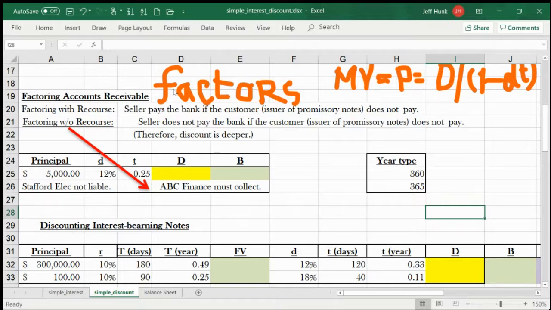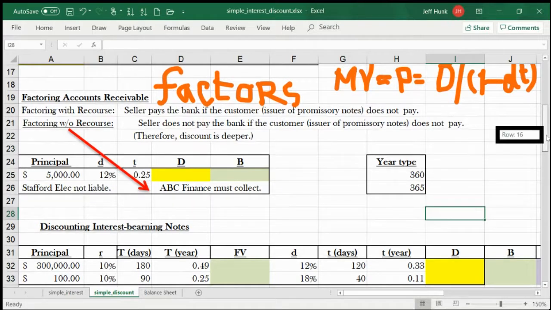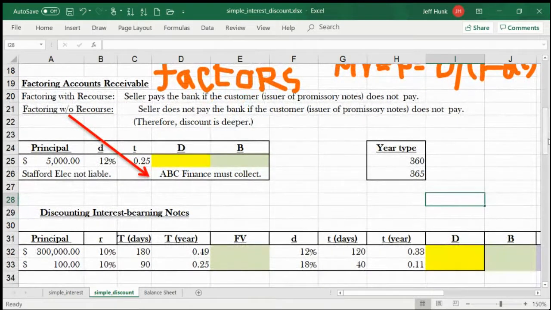They have run into a cash flow shortage problem. So it's better to sell it at a discount rather than holding on to it and facing potential default, right? I'm going to come back to this aspect of accounts receivable and factors later.